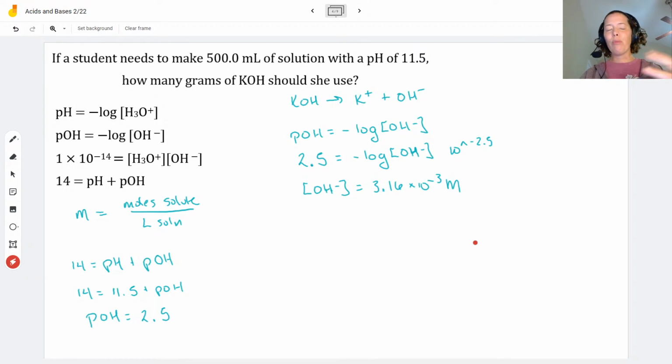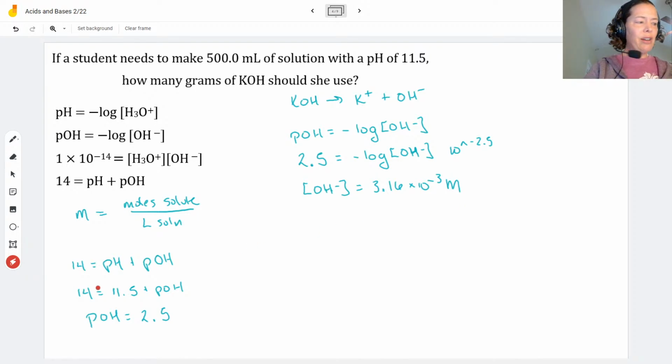And you find roadblocks like I can't do that, I can't do that. Well, what can you do? Hopefully at this point, even if you were unsure about solving for moles of solute in those first couple of steps, you've gotten to the point now where you think, oh, I can solve for moles of solute, and I think that's going to help me.